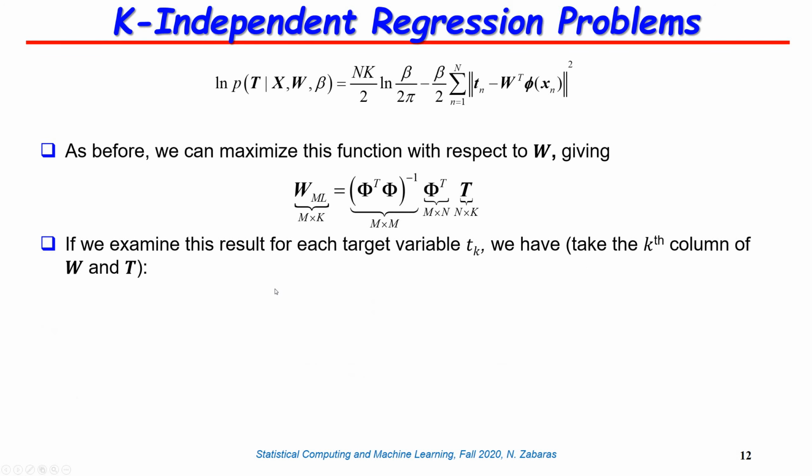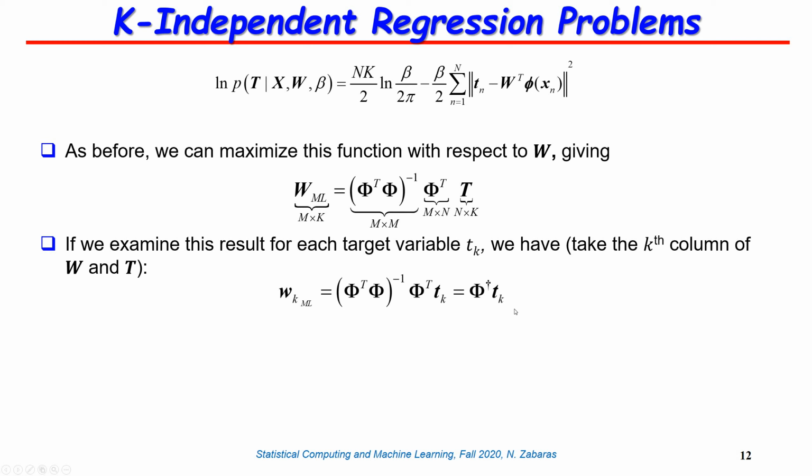Now you can notice something very interesting: if you take the k-th column of this W matrix and the k-th column of your target labels in this matrix capital T, you get that the k-th column of W looks like this.